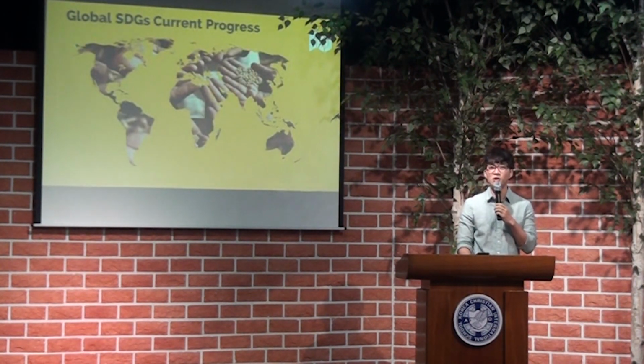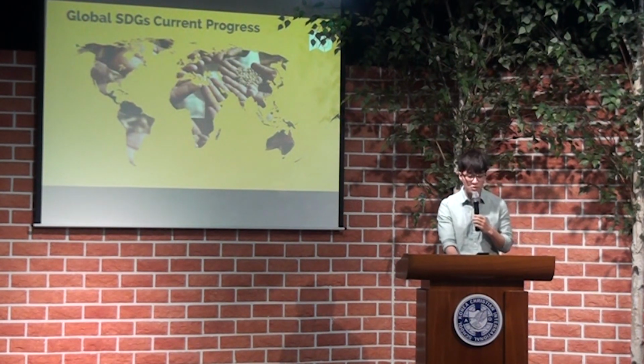So here is the current progress towards the Millennium Development Goals. According to an analysis, the world's performance across 17 United Nations development goals was assessed against 63 key performance indicators for all countries. And it found that much work is still needed to accomplish these development goals.